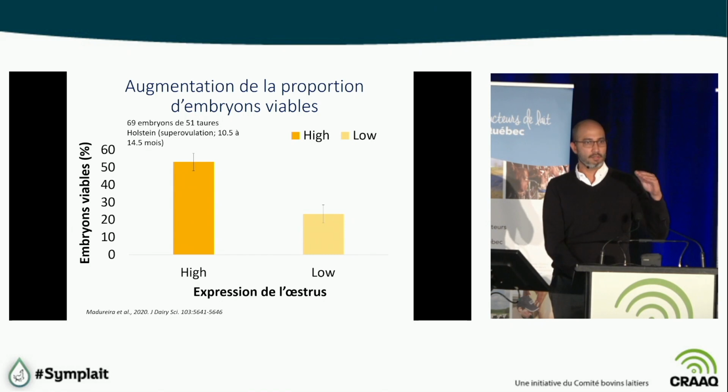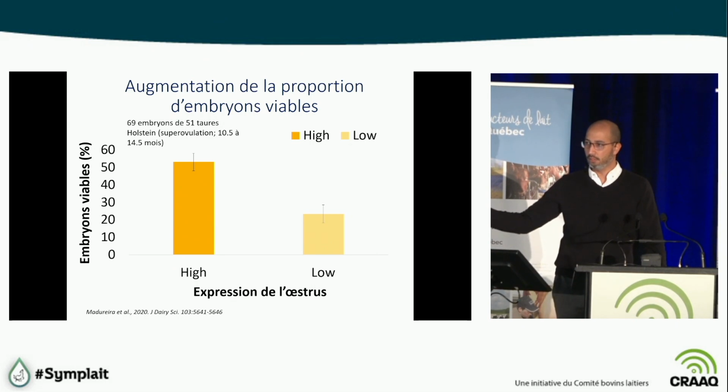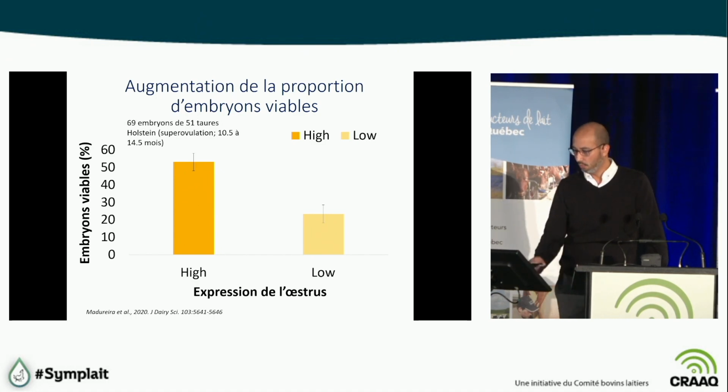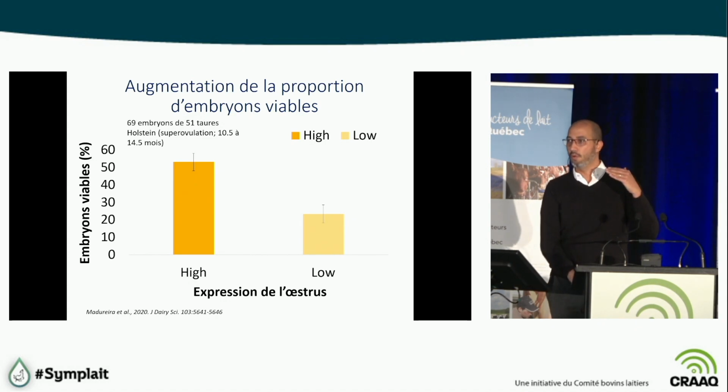The animals that have greater intensity of estrus right after superovulation, or right after they are synchronized to receive the embryo 7 days later, one thing that happens is that the donor cows provide you more structures and more viable embryos.